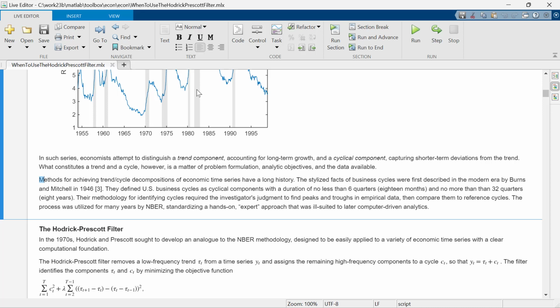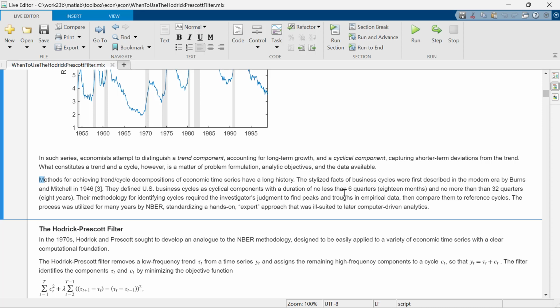But the whole methodology was very hands-on and kind of expert-oriented. You had to be able to use their reference charts and compare them to the data in order to figure out what the business cycle was. And Burns and Mitchell had a very definite notion of what a business cycle should be.